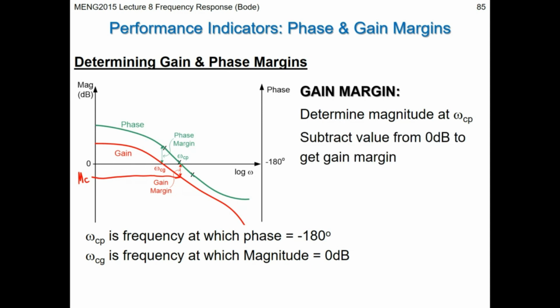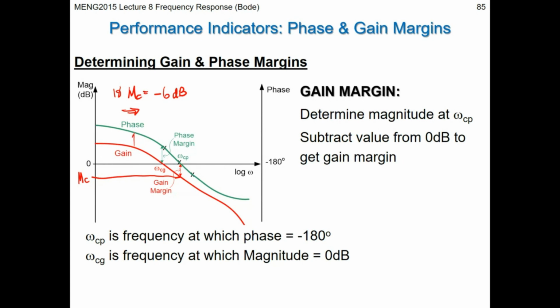So to determine the margin, if MC equals, let's say, minus 6 decibels, that implies I could add 6 decibels of gain.